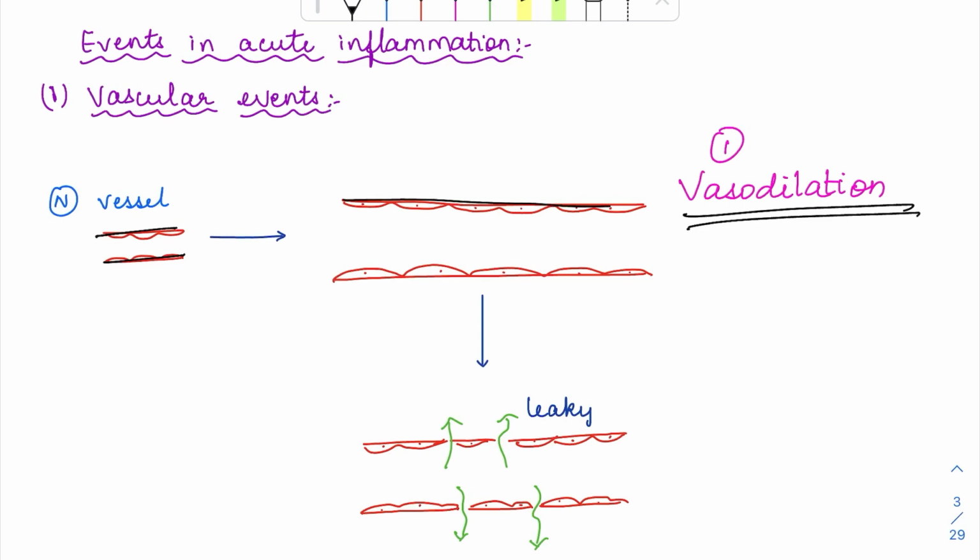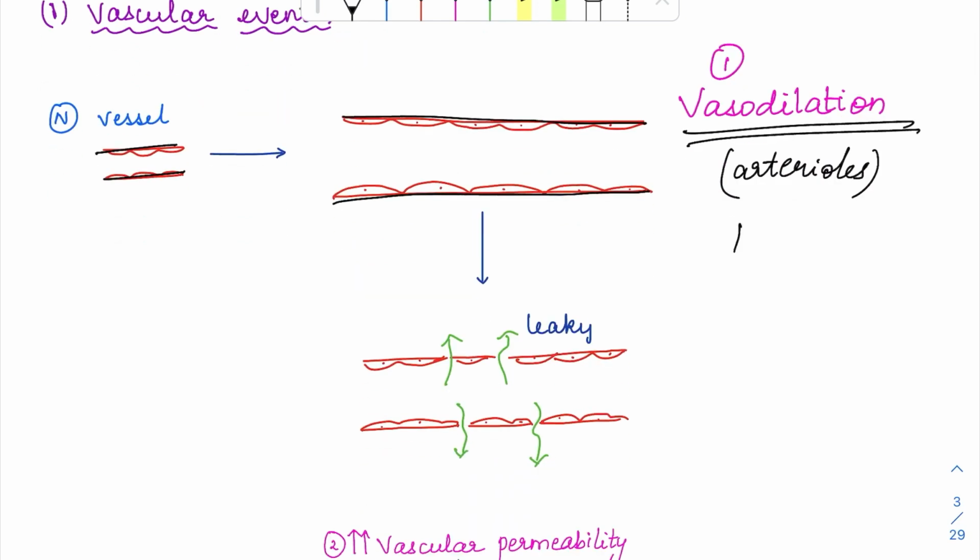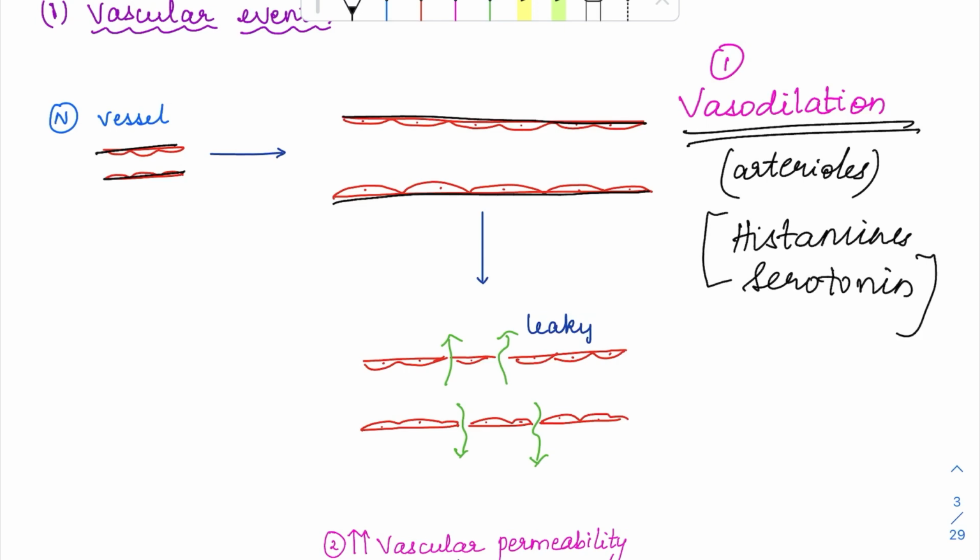This vessel will undergo vasodilatation, especially in the arterioles, and this is mediated by vasoactive amines, which are inflammatory mediators like histamine and serotonin. So it will result in the vasodilatation of arterioles, which is the first step.